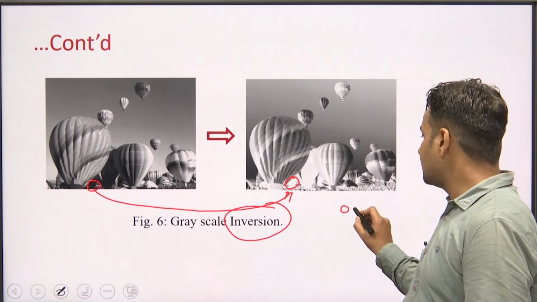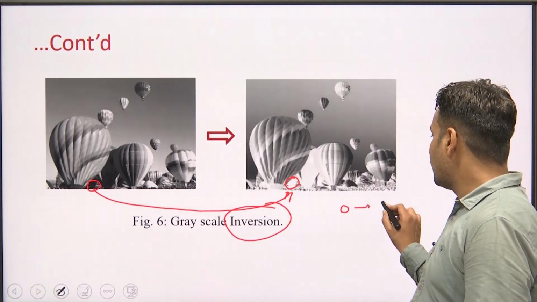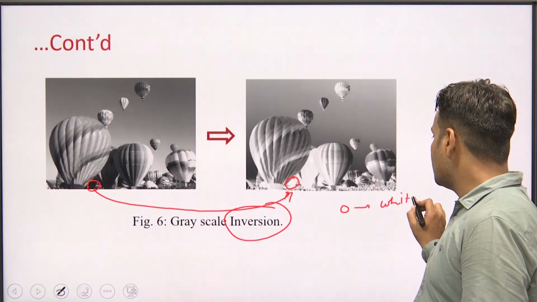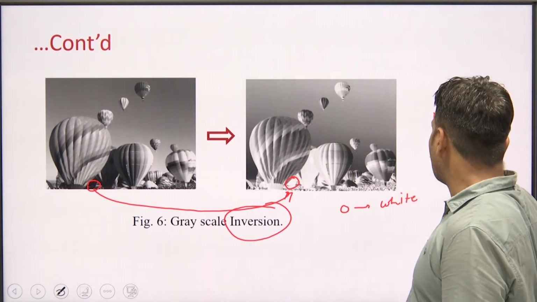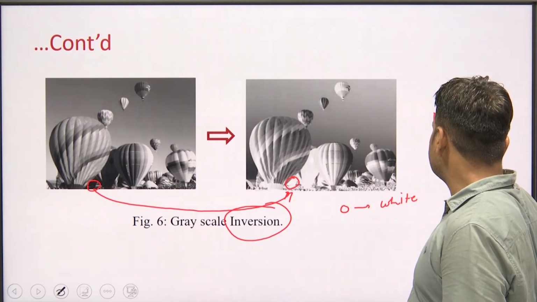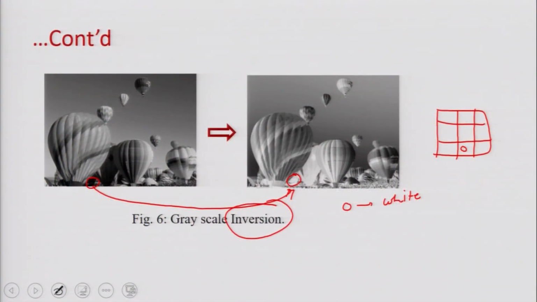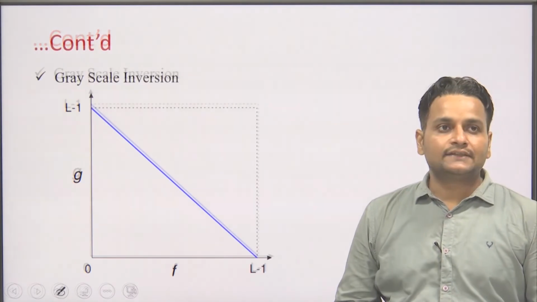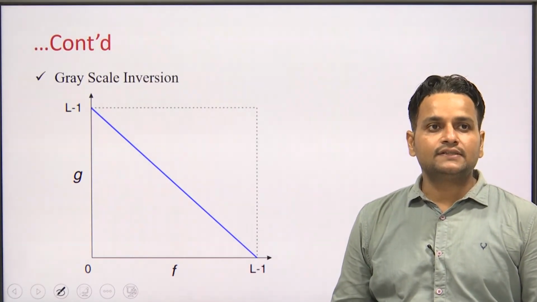So, if we say that a pixel is holding a value of 0, then after the inversion this particular pixel takes a high value, that is 255. Okay. So, those kinds of changes you can observe there, and after the inversion you can identify that the relation is just a straight line.